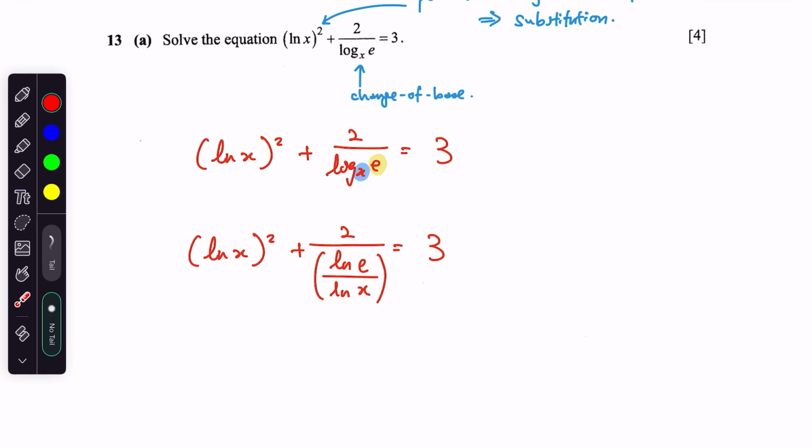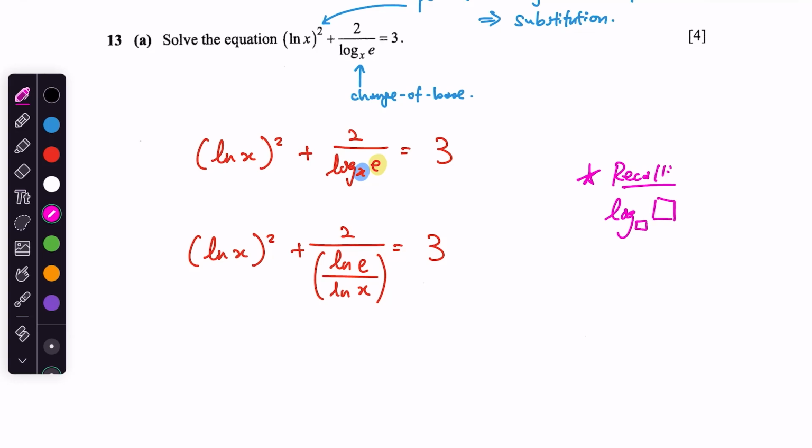Let's recall here that if we have log base, let's say anything, and then we have the same thing in the logarithm, so the base and the argument are the same, this is equal to 1. And a special case is that if I have ln e, this is equal to 1.